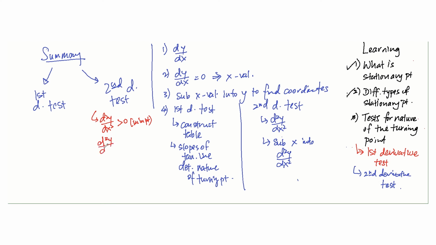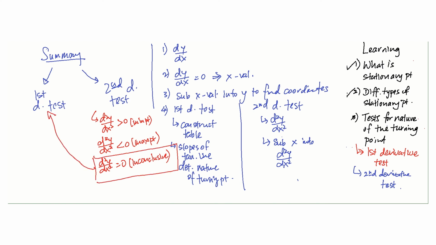If d2y over dx squared is less than 0, we have a maximum point. And if my d2y over dx squared equals 0, it is inconclusive. And if this is the case, we need to revert back to my first derivative test to help us determine whether it's a maximum point, a minimum point or a point of inflection.